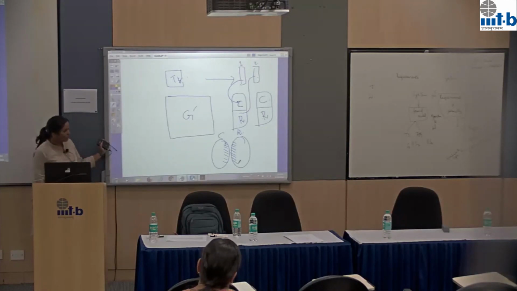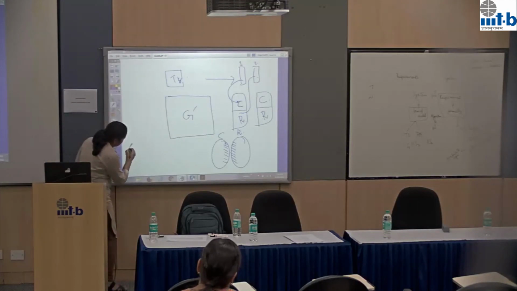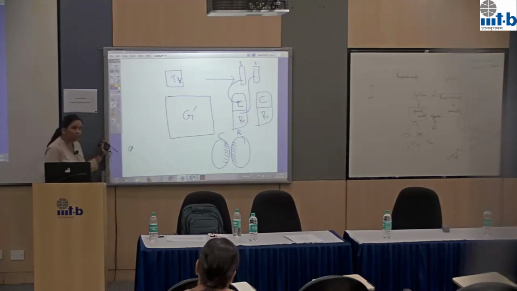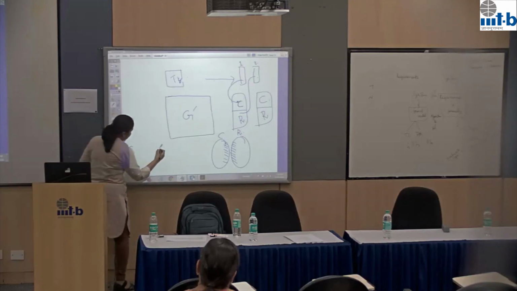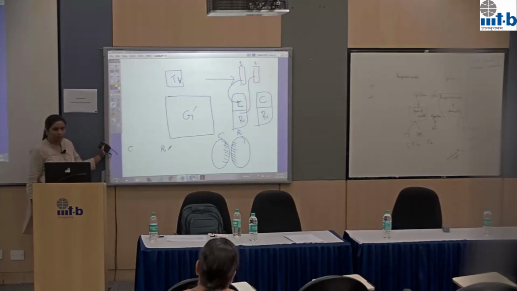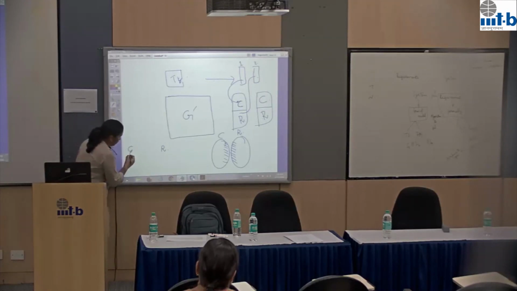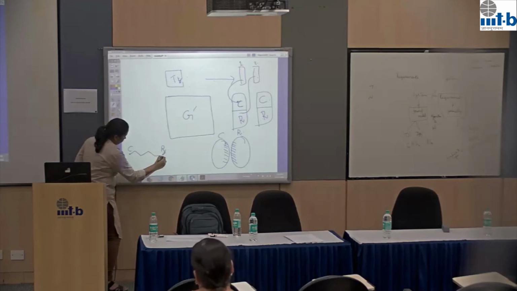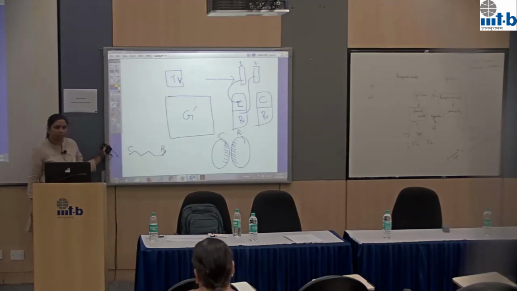Now suppose you take a vertex which is in C and a vertex which is in set R. Okay, so this is after deleting. We don't know what to do, so we are trying to find out. So you take a vertex in C and a vertex in R. Now assume that they have a path in the resultant graph.